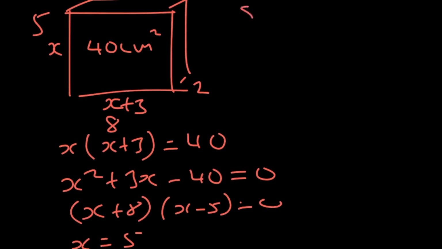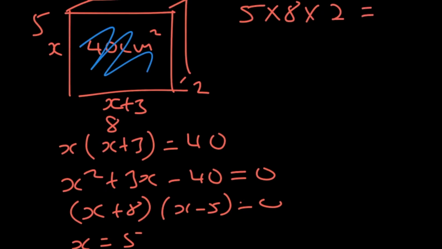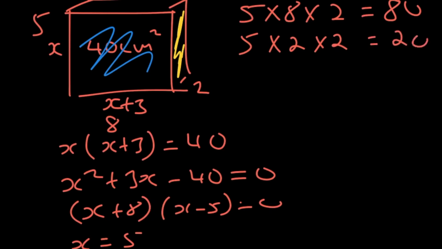So we're going to have 5 times 8, which is this panel here. So we've got 2 of those, which is going to give us 80. We've then got 2 of these side panels here, which is going to be 5 times 2 times 2, which is going to be 20.